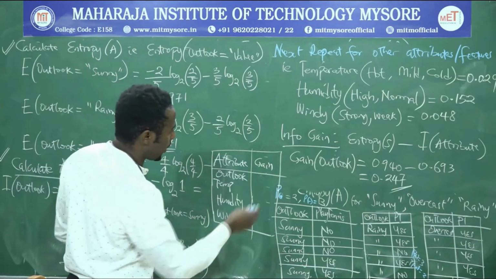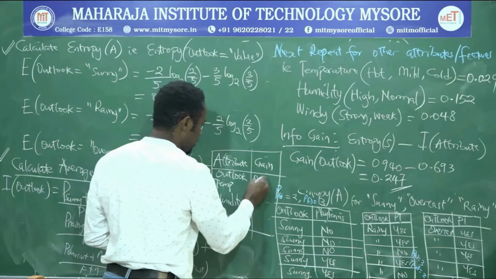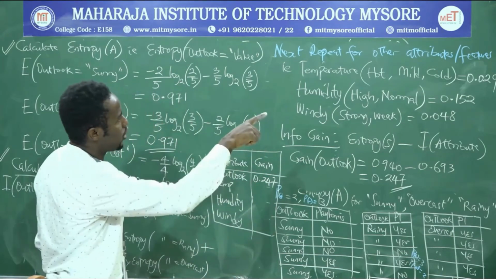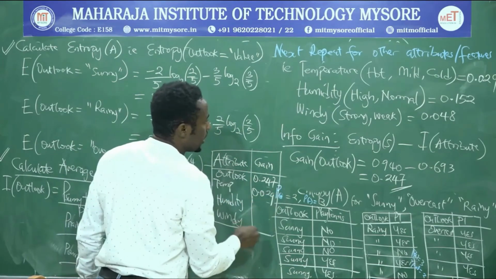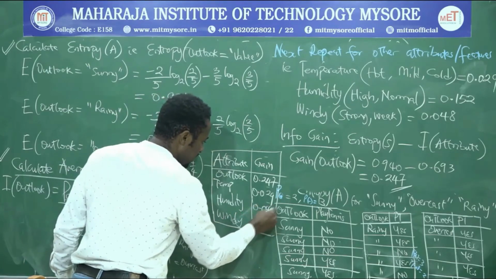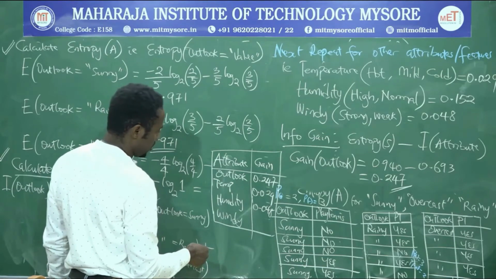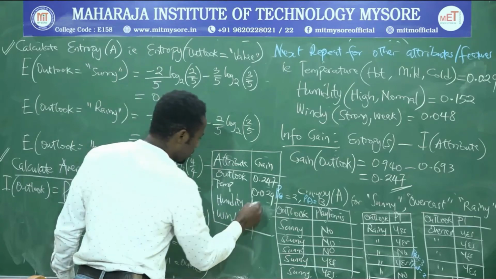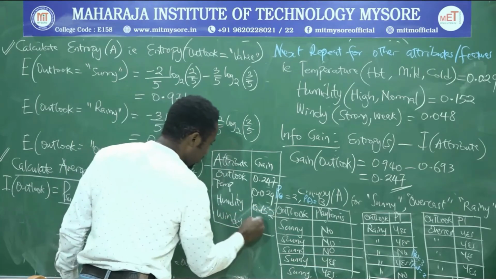Outlook was 0.247. Next, temperature, 0.029. Next, windy, 0.048. And lastly, humidity, 0.152.